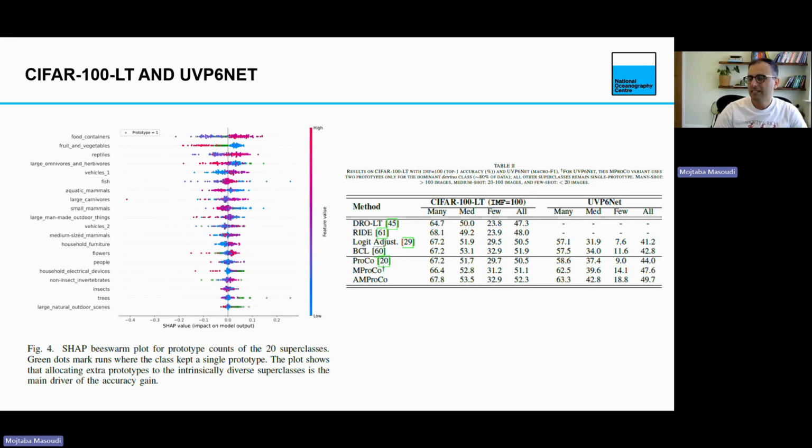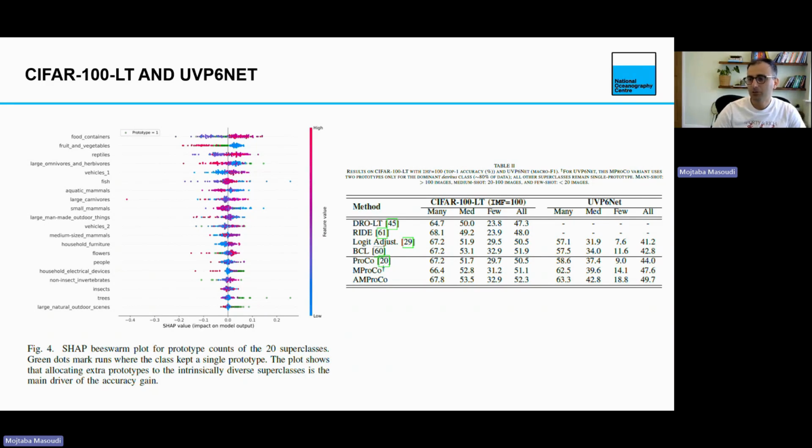For example, everything less than 20 samples goes to few shot. Everything between 20 and 100 goes to medium shot, and classes with more than 100 samples go to many shot. I showed that AMProCo, the model we developed, can increase the performance from the typical probabilistic contrastive learning from 44% to 49%.